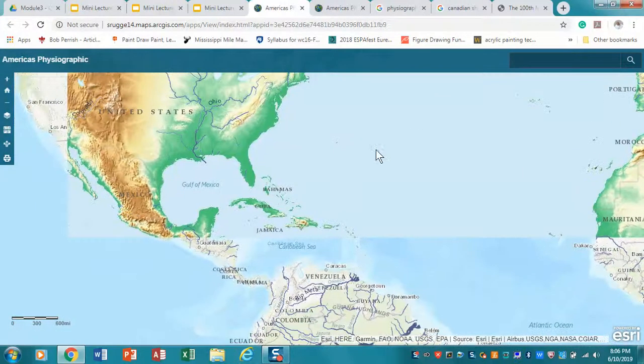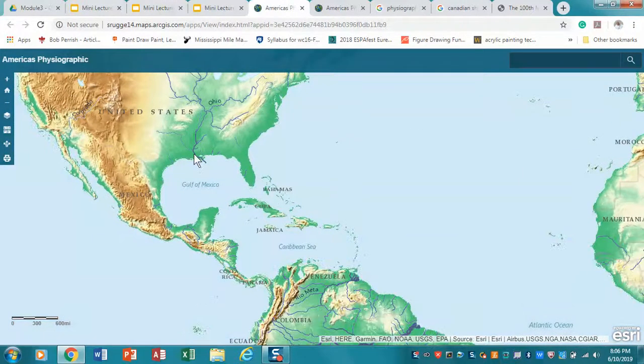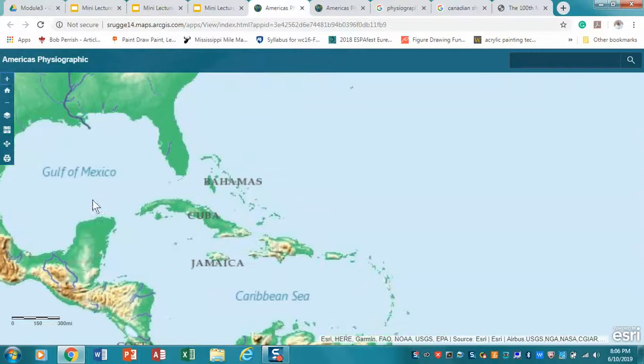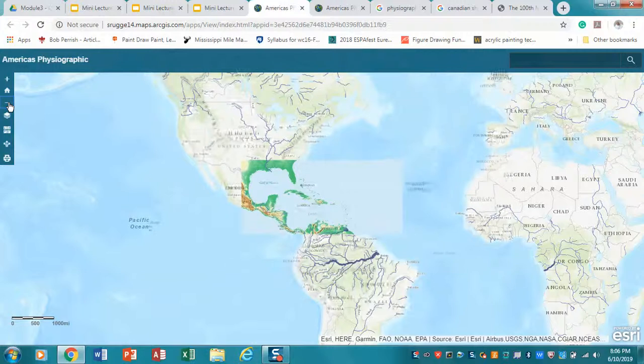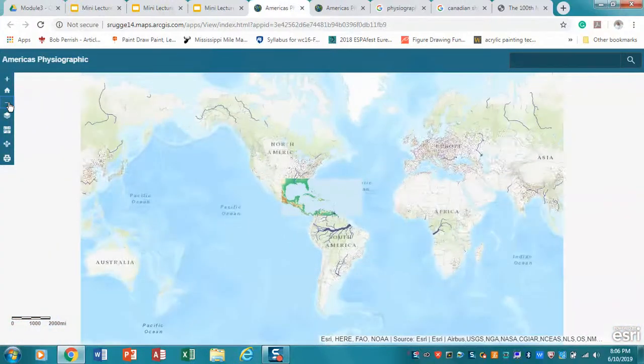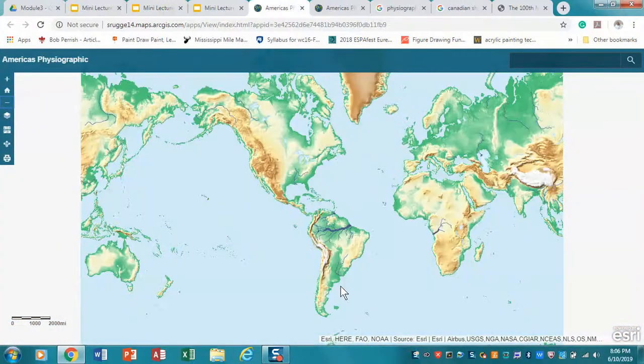And the other one that I want to talk about is actually quite a small feature, but incredibly important. If you look at the Americas, and in fact if you look at it from a global scale, I'm going to actually zoom way out here, what you're going to notice is that the Americas form an incredible barrier to movement from the Atlantic to the Pacific.